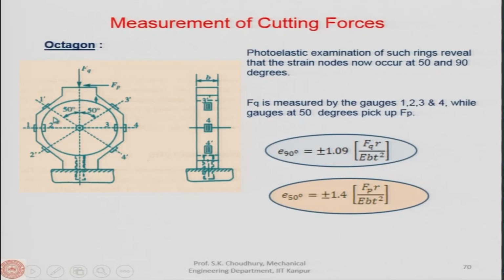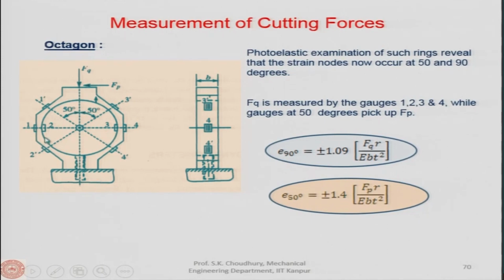These axes are at 90 degrees with respect to each other. With respect to the vertical axis, it is at a 50 degree angle. 1 prime, 4 prime and 2 prime, 3 prime are attached, fixed at that angle.